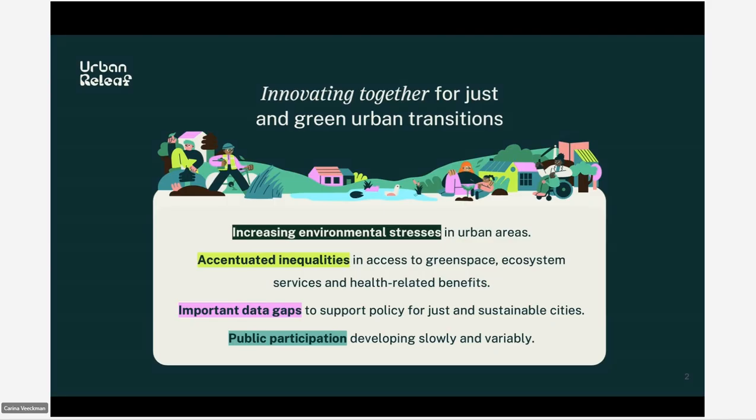Urban Relief is a European research project that aims to innovate together for a just and green urban transition. It starts from 4 different challenges looking at urban areas around Europe, whereby we see that there is increasing environmental stress coming from heat, air pollution, grey infrastructure, and so on.